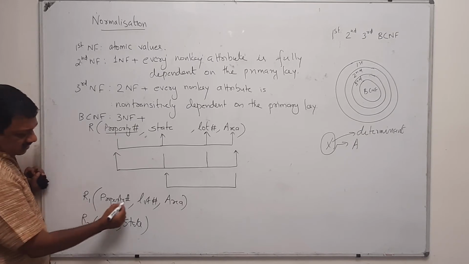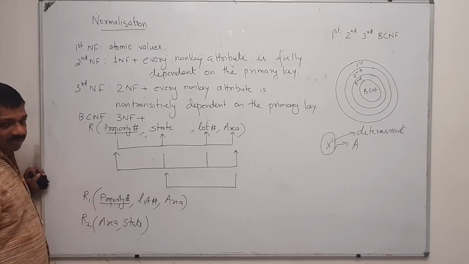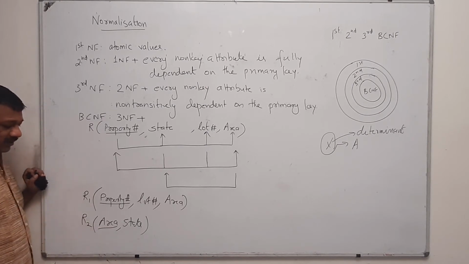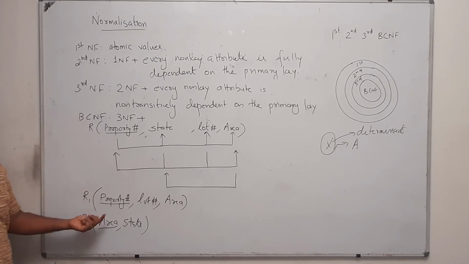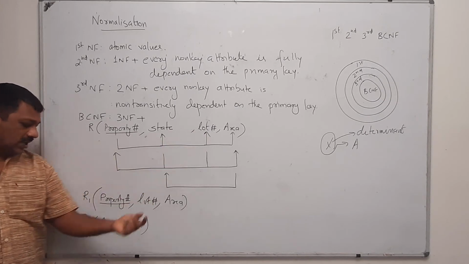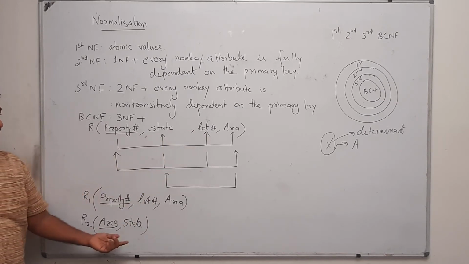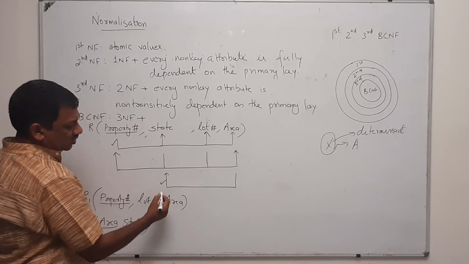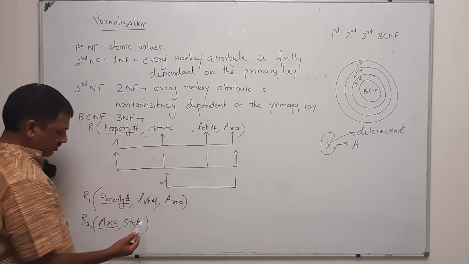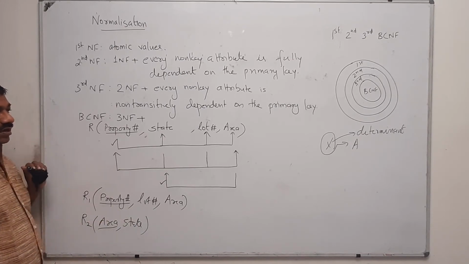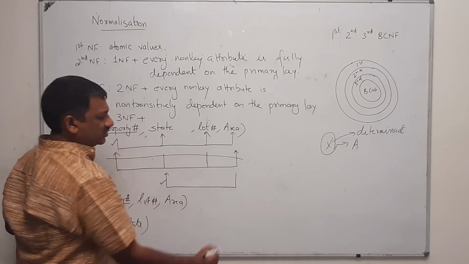Now property number is the primary key in R1, and area is the primary key in R2. Property number determines load number and area. R2 is area determines state. So this dependency is preserved and this also is preserved, but state and load number is not here, so this dependency is lost.